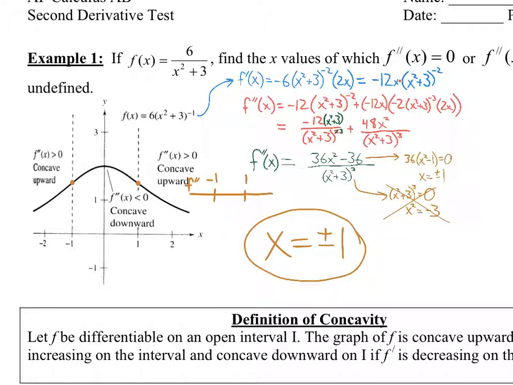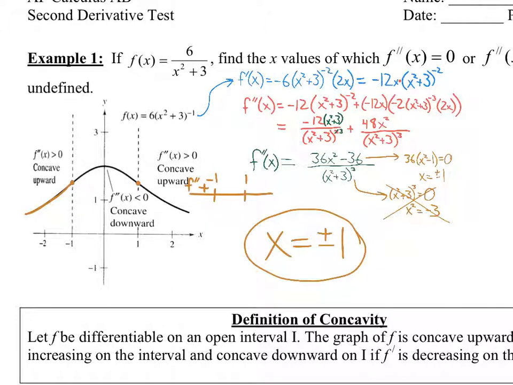So I look at the second derivative, if I plug in a -2, that's going to be 36 times 4 minus 36. That's positive. So that's why to the left of -1, I'm concave up here. And if I were to draw tangent lines, they would all be below the function.